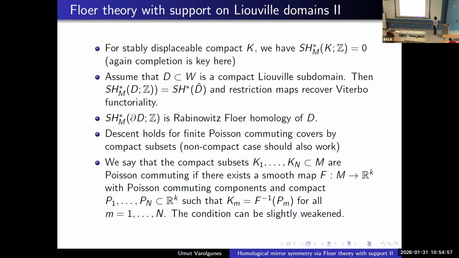You should think of this as a Lagrangian torus fibration, some more general version of Lagrangian torus fibration, an involutive map, such that the components of this map are Poisson commuting. And if you take compact subsets from the base and you pull them back, if your original compact subsets are obtained that way, then you have this Mayer-Vietoris property.